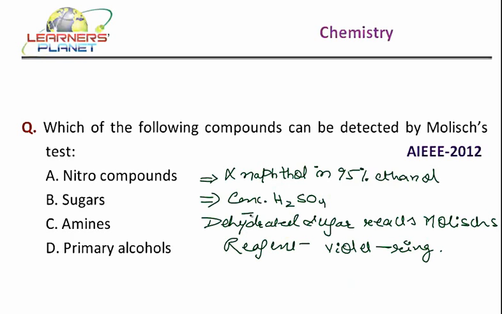So in short, I'll tell you how this test is done. See, 1 or 2 drops of Molisch reagent is added to the sample solution. Then concentrated sulfuric acid is added carefully along the sides of the test tube. Now there is a formation of a violet ring at the junction of 2 liquids, and this confirms the presence of sugars. So Molisch test is the test for sugars. So what will be the right answer here? B, sugars.